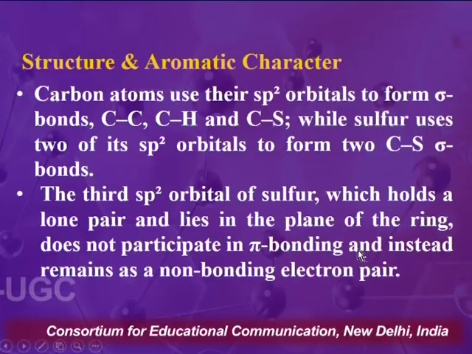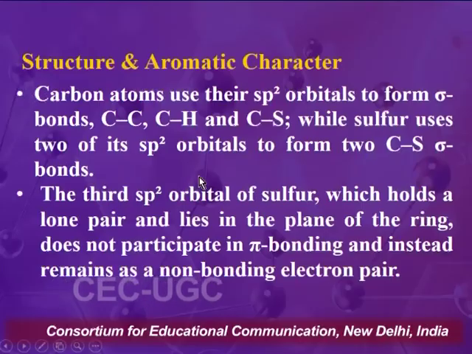So now we are going to discuss how these hybrid and unhybridized orbitals are utilized by carbon and sulfur atoms. So carbon atoms utilize their sp2 orbitals to form 3 sigma bonds. The first sigma bond will be between carbon-carbon, the second will be between carbon-hydrogen, and the third will be between carbon-sulfur.